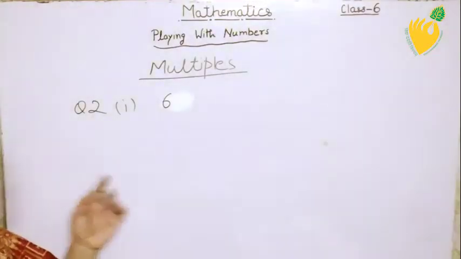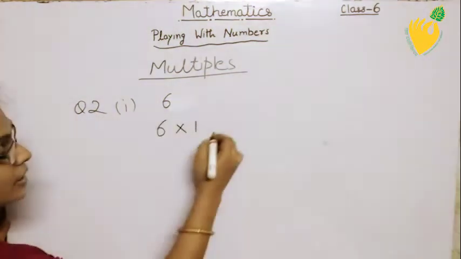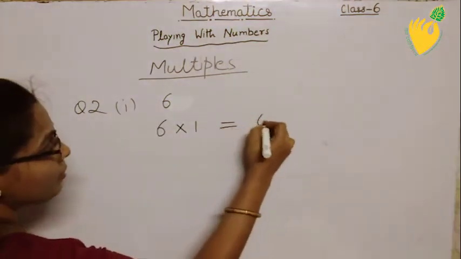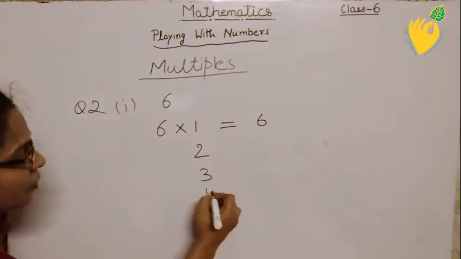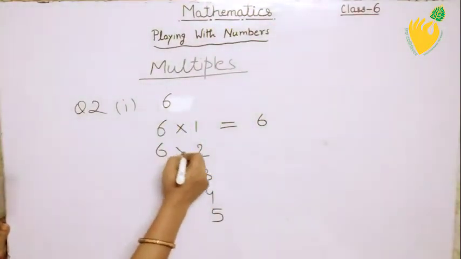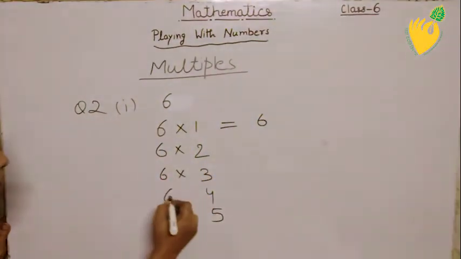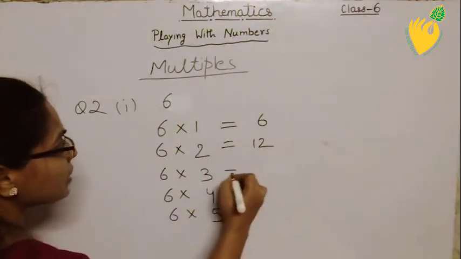First 5 multiples, students, means what? You have to multiply it by the first 5 natural numbers. What are the first 5 natural numbers? 1, 2, 3, 4, 5. So you have to multiply 6 with the first 5 natural numbers.